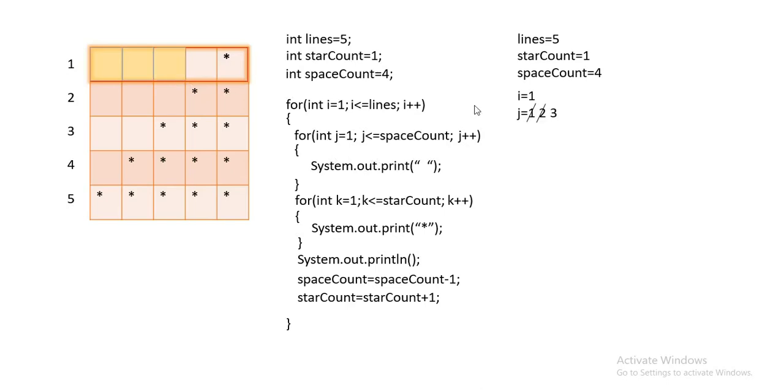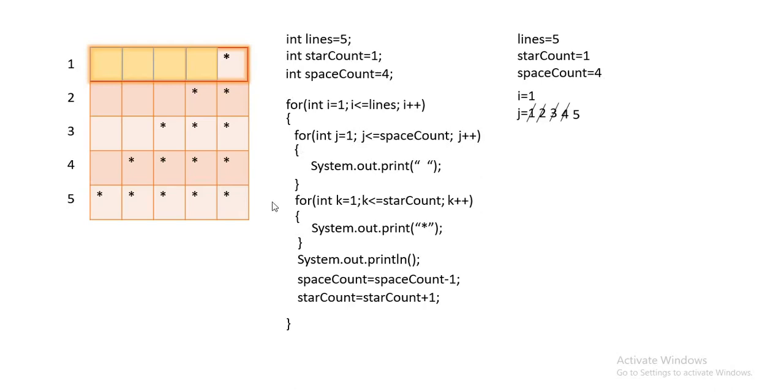Then j++, j becomes 4, 4 less than equal to 4, so again print space. Then j++, j becomes 5, 5 is not less than equal to 4, so end this for loop.